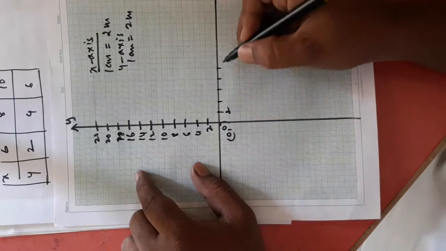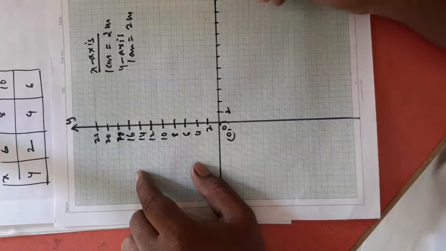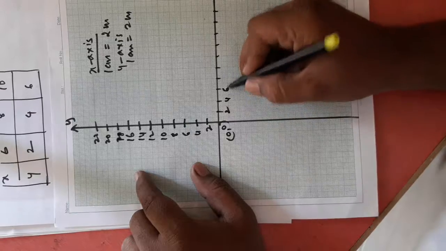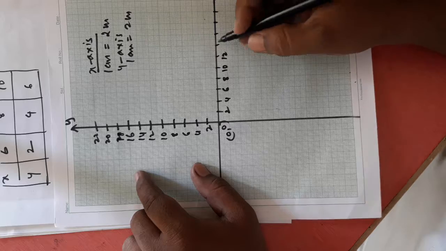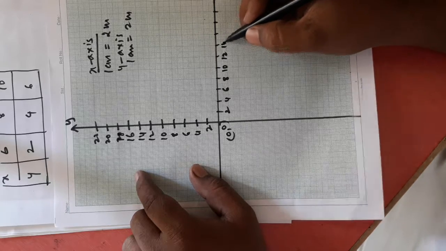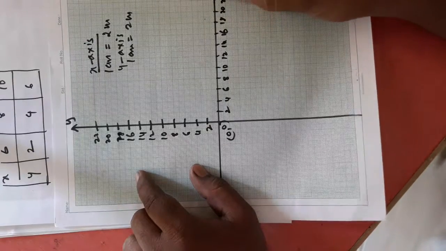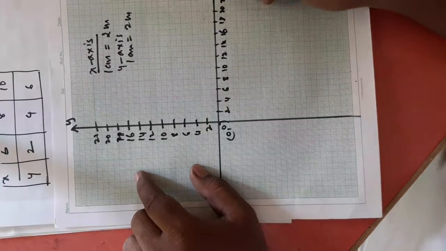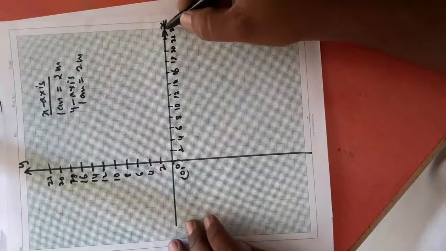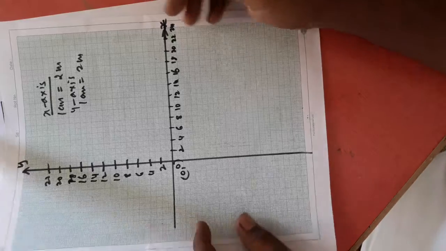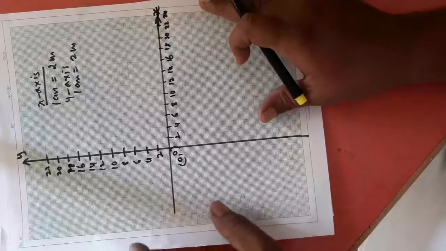Next, these are the values I am taking on the other axis: 2, 4, 6, 8, 10, 12, 14, 16, 18, 20, 22. Last value will be 24. What is the maximum value I want? 24 for x. You can shift this vertical line slightly to this side so that you can adjust these values.